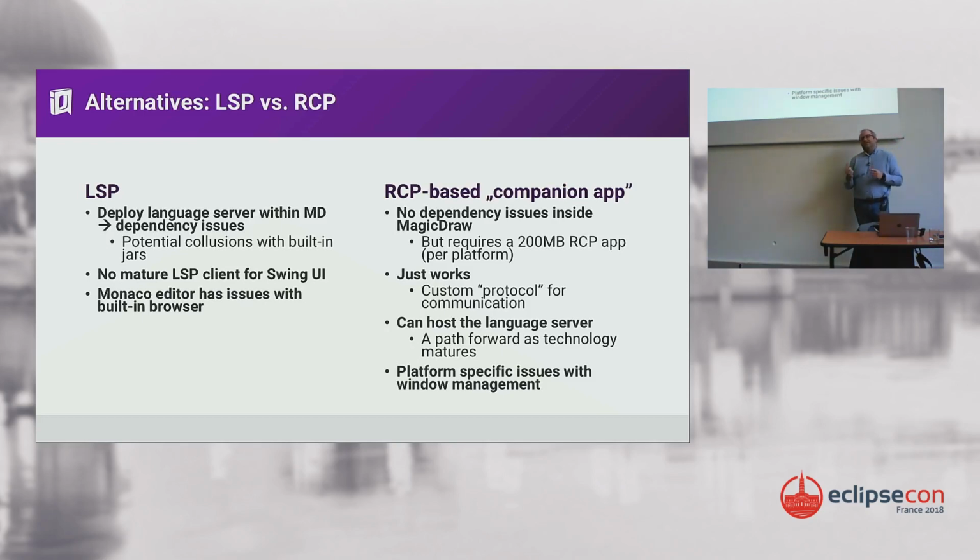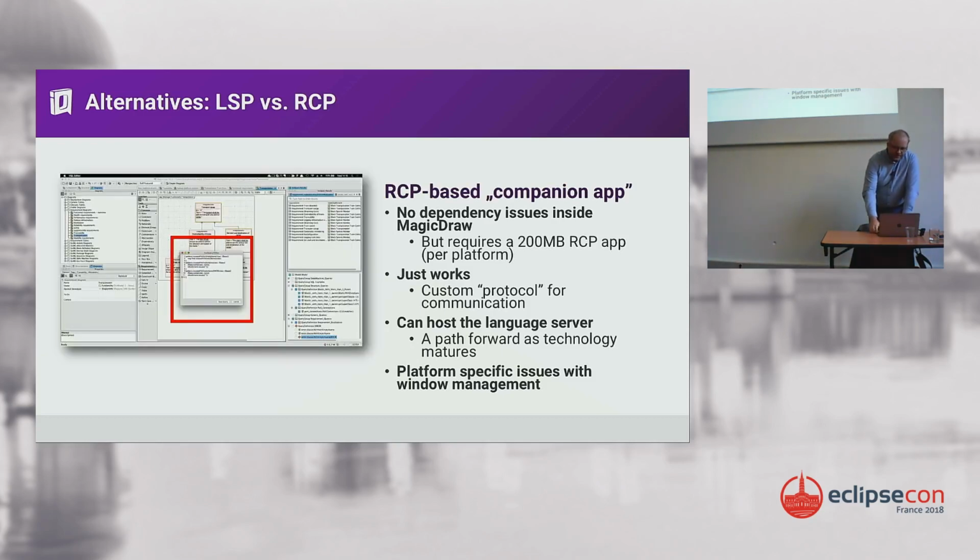But there needs to be some kind of communication going on, obviously, between the two applications, which we solved in a rather low-tech way. So this window that you have actually seen in the screenshot that I showed previously is not a modal dialog over MagicDraw, but it's actually a separate application which disguises itself as a modal dialog that is built on Eclipse RCP.